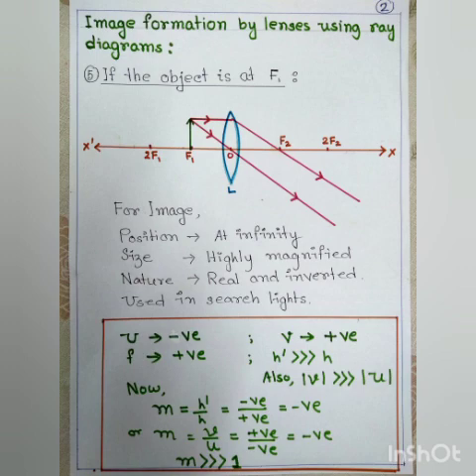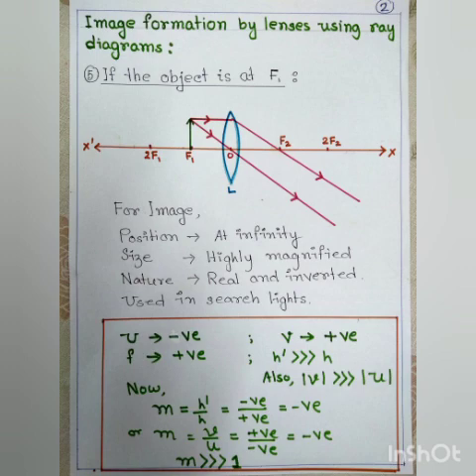Means the ray which is parallel to the principal axis will pass through F2, the second principal focus, and the ray which is passing through the optical center will not deviate, and finally we will get the emergent rays parallel to each other.